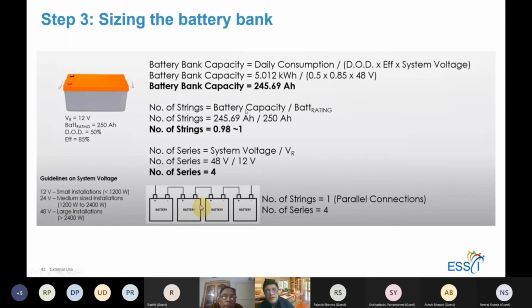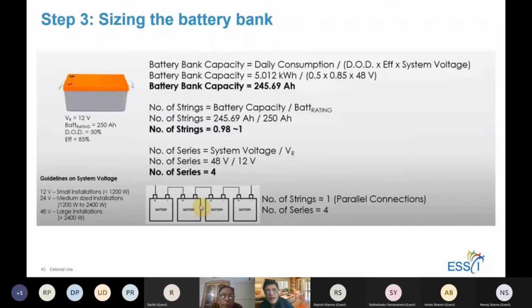The number of strings that you will have is battery capacity by battery rating. You have 1. The number of batteries in series, because you are looking at 48 volts, you will have 4 batteries. So 4 batteries, number of strings equal to 1, and this is how you are configuring your battery bank.